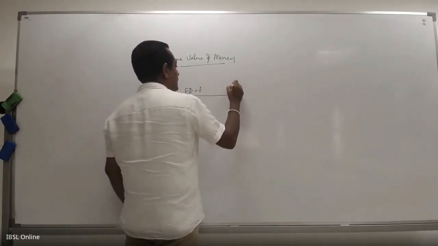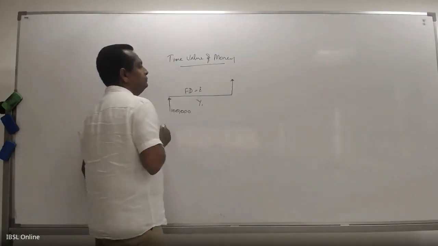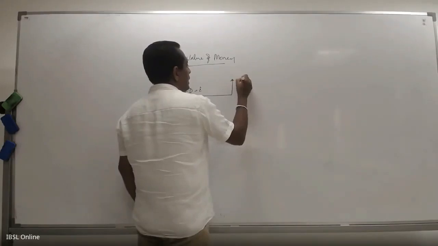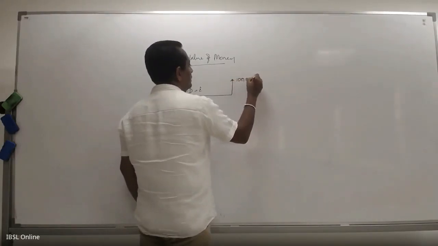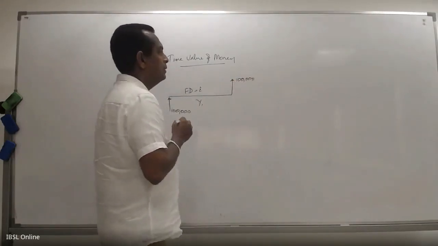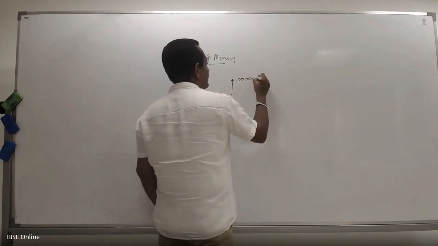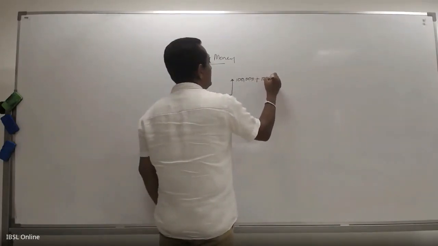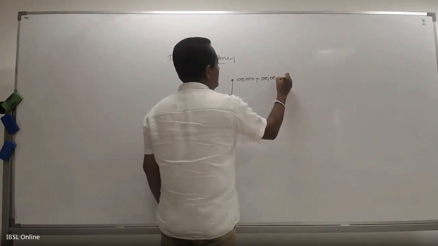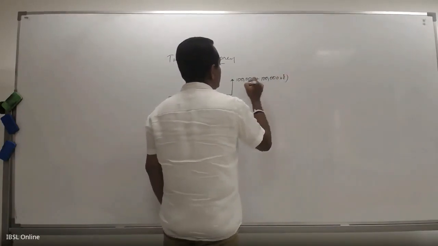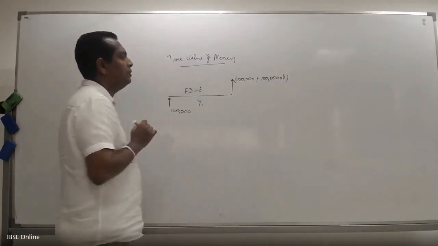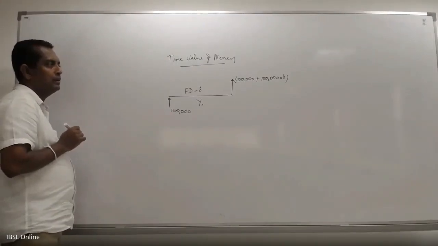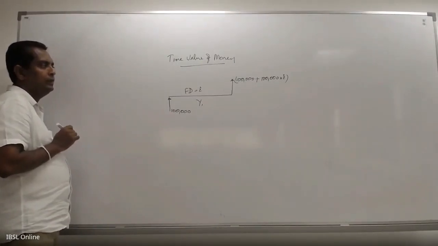End of the period, you will get 100,000 plus 100,000 into I. This is your investment. Right?